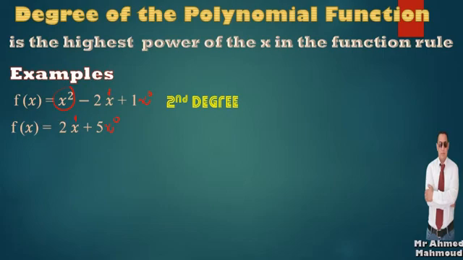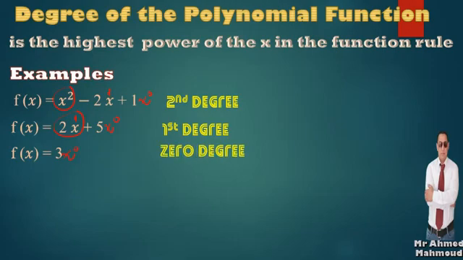Then the highest power is x power 1, then this one is first degree. The third one, 3 or 3x power of 0, then this one is 0 degree.